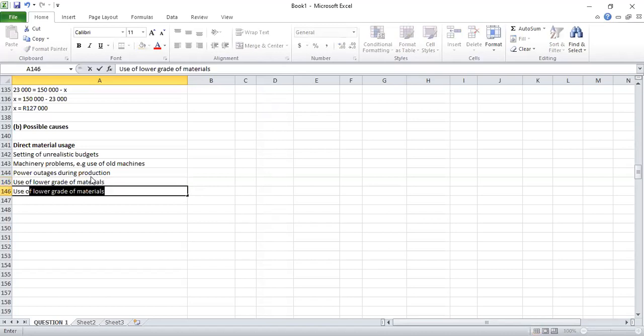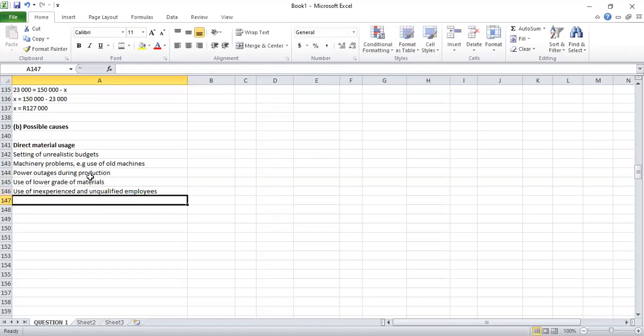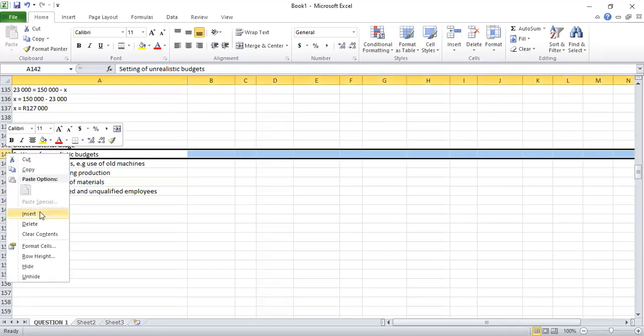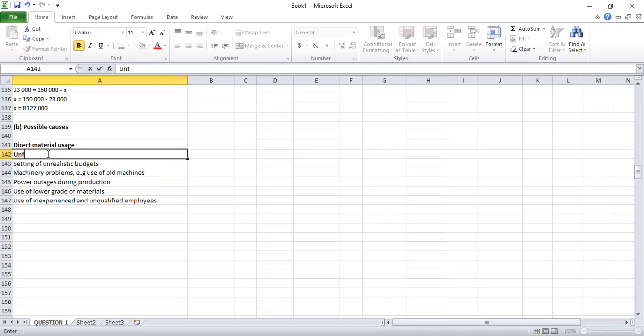Use of inexperienced and unqualified employees can lead to a wastage of material. Let me just set it out as this. This is unfavorable.